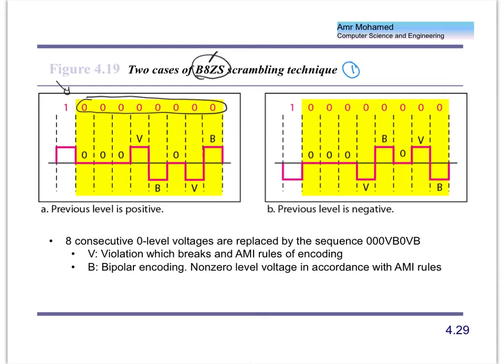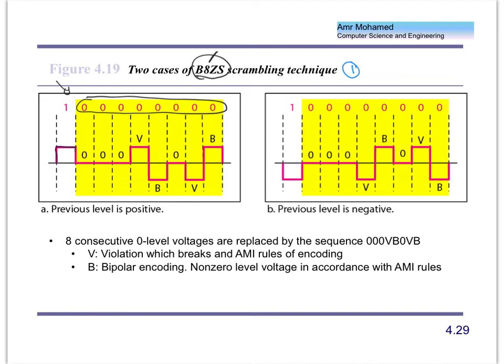For the 8 consecutive zeros, we will kick in the scrambling technique B8ZS. If you have 7, we don't do anything. Remember, for 7 zeros, we don't do anything. Only when we have 8 consecutive 0 bits.